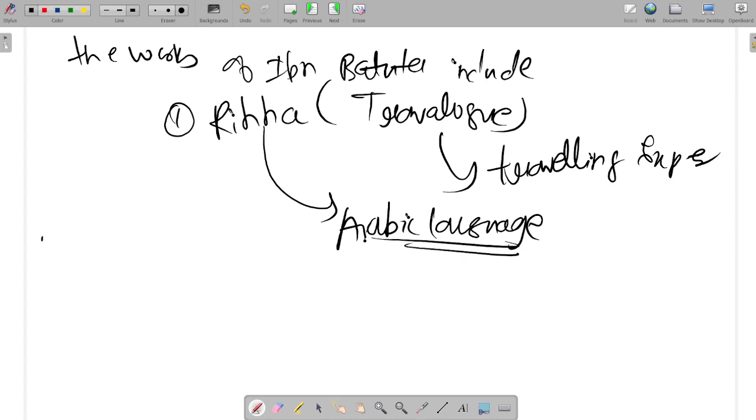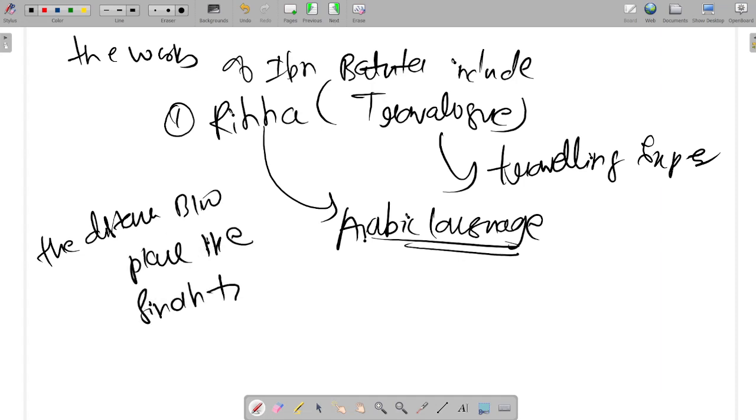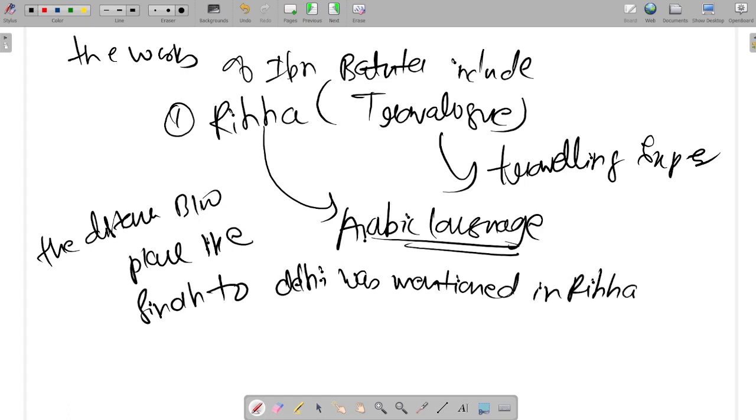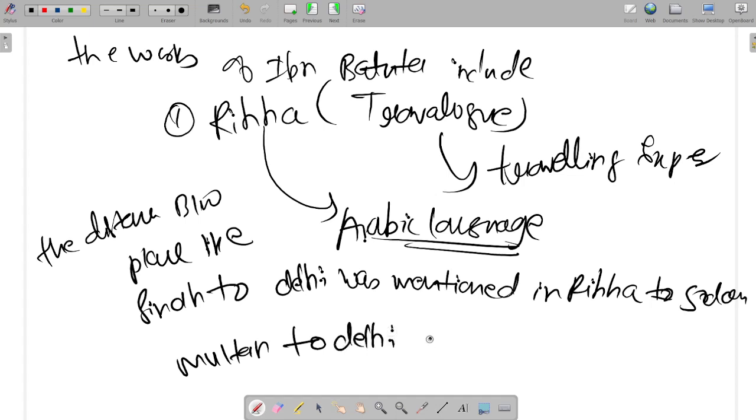Details like the distances between places, such as Sindh to Delhi, were mentioned in the Rihla: 250 days, and from Multan to Delhi, the time duration was 40 days.